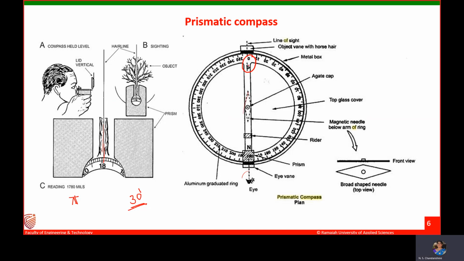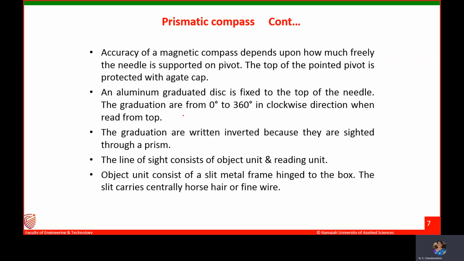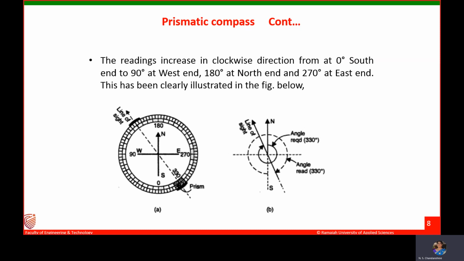This is the aluminium graduated ring which is fixed on the needle, and the graduations, as discussed earlier, are marked from 0 to 360, in a clockwise direction. This is how the readings look, and whatever reading we take, we are taking it from the north.